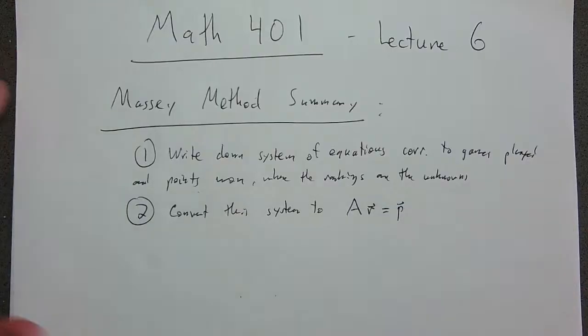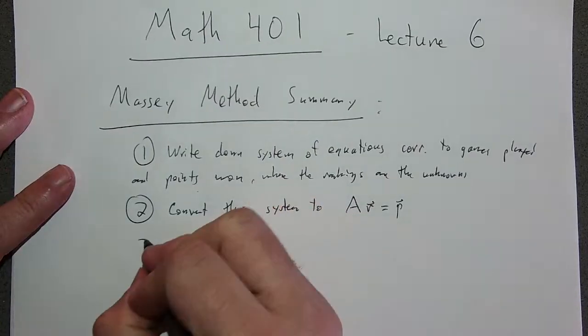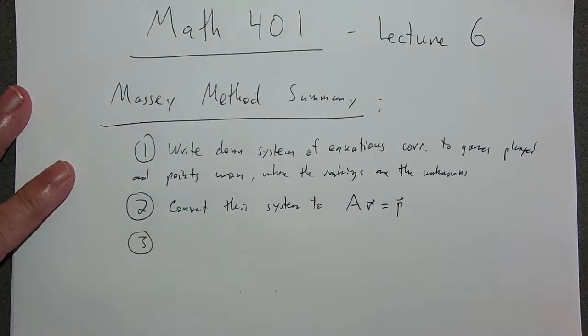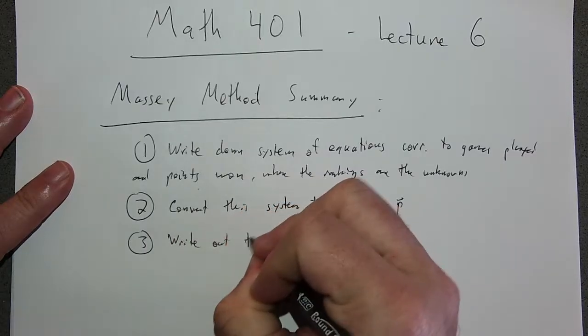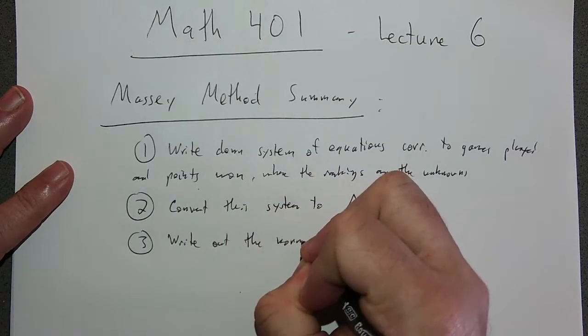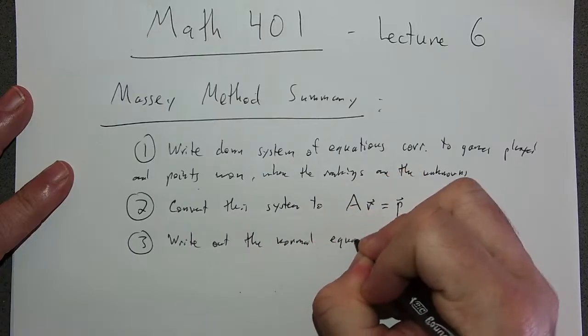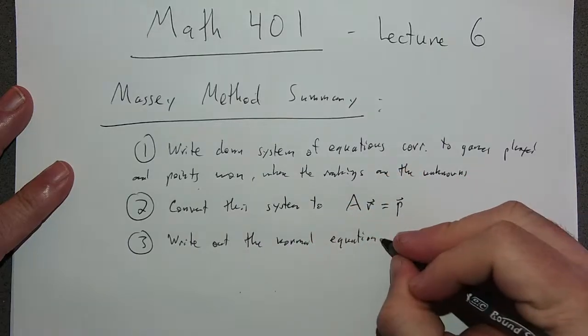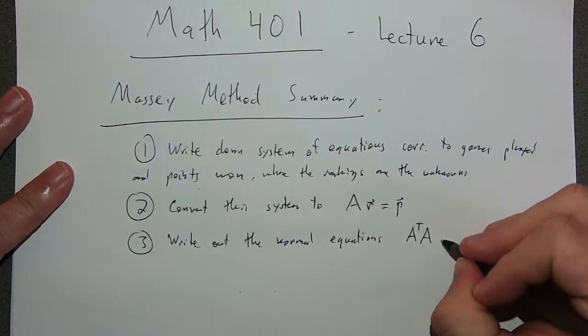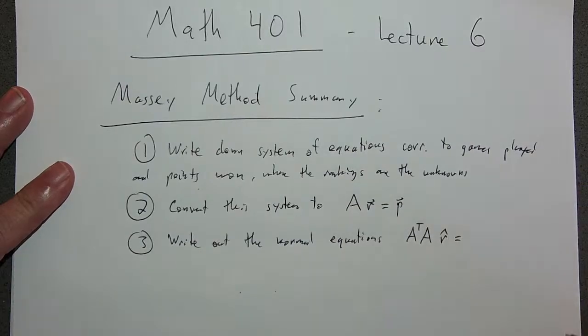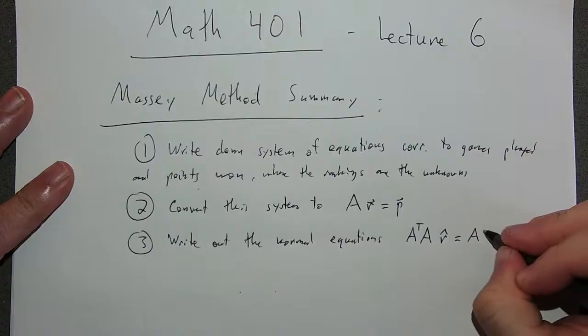Now, of course, this is typically not going to have a solution, so we are seeking a solution to the least squares problem. So we write out the normal equations, which is A transpose A times R hat is equal to A transpose P.